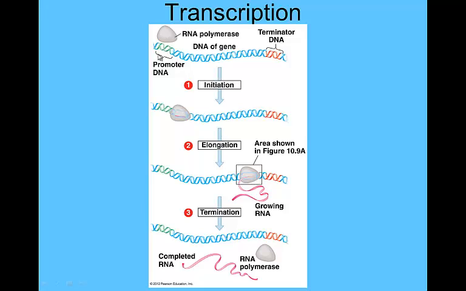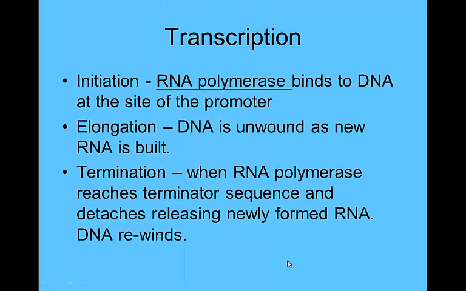RNA polymerase recognizes a promoter, binds to the promoter, unwinds DNA, and builds a growing transcript of RNA until it reaches a termination signal. At that point, the RNA polymerase stops binding to the DNA, and the new RNA strand is released.